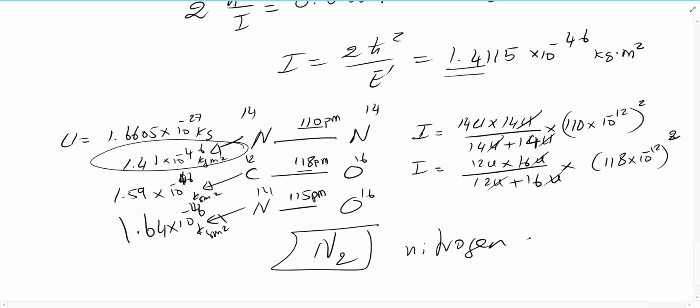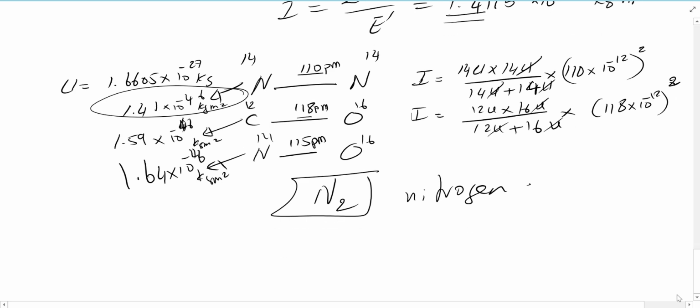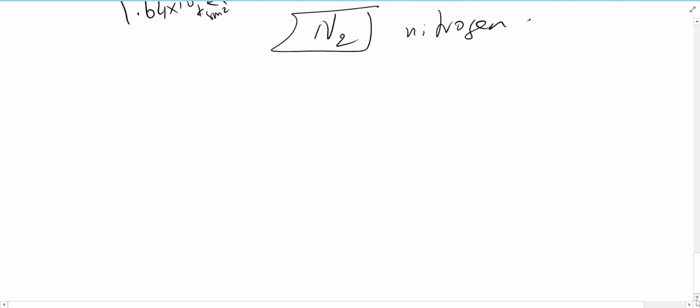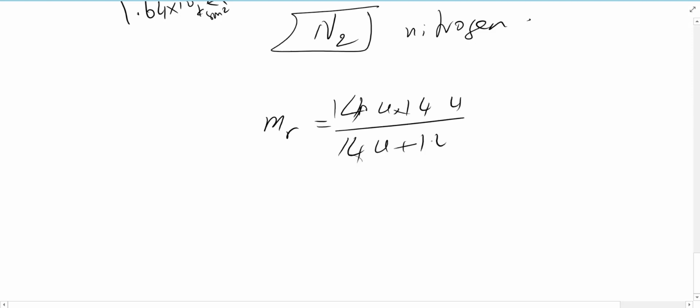So it's nitrogen. What is the reduced mass, mr? Since we know it's nitrogen, we can find it. Oh man, this problem is taking too long. It's basically 14u times 14u divided by 14u plus 14u, and that is 28.